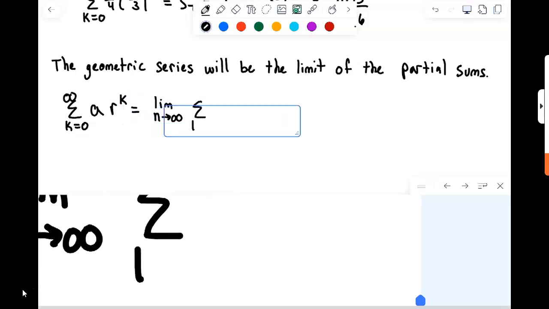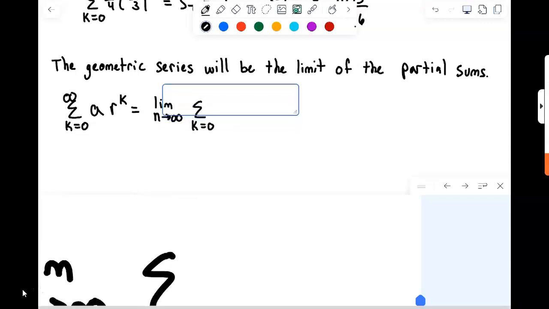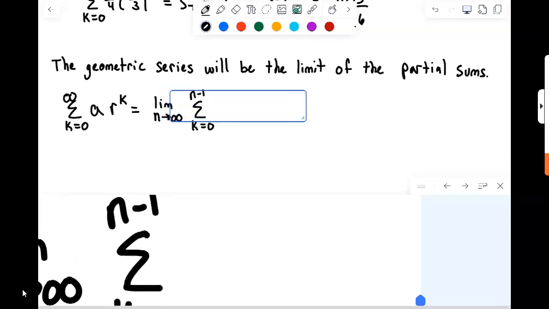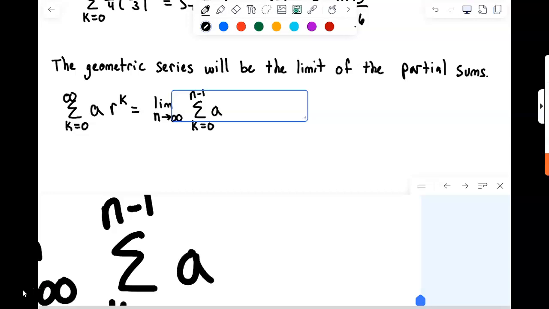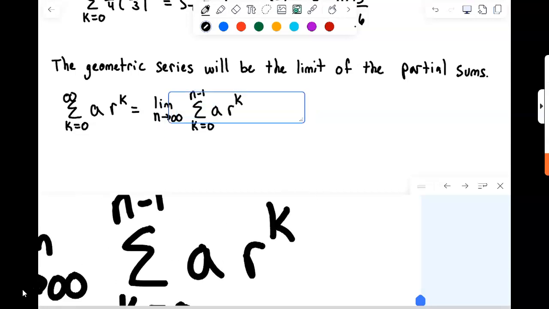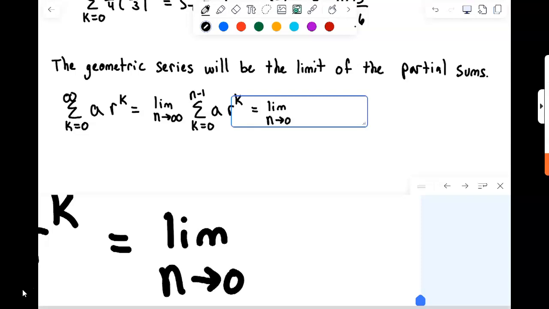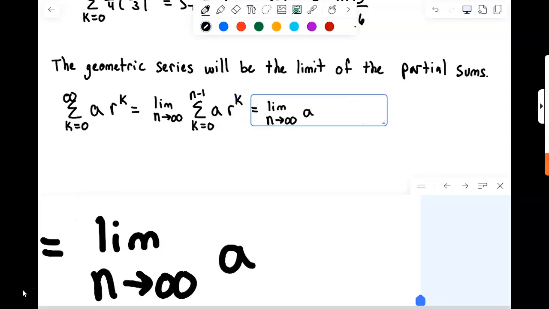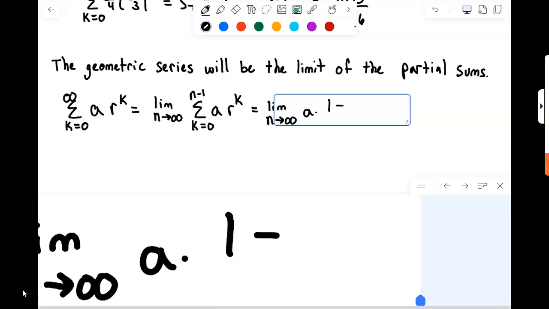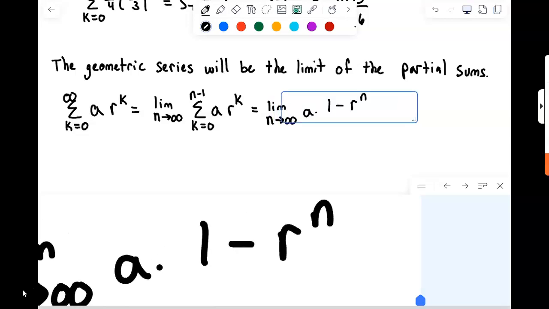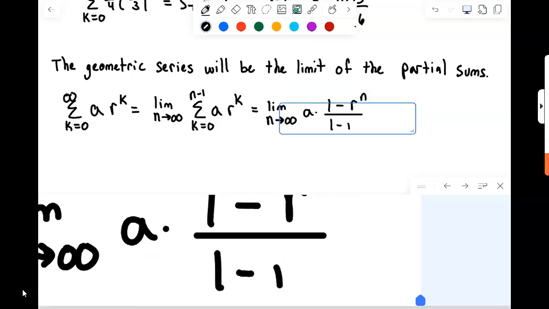That's the sum as k goes from 0 to n minus 1 of a r to the k. That's my partial sum. But we can express partial sums in terms of n. So that's the limit as n goes to infinity of a times 1 minus r to the n, divided by 1 minus r.